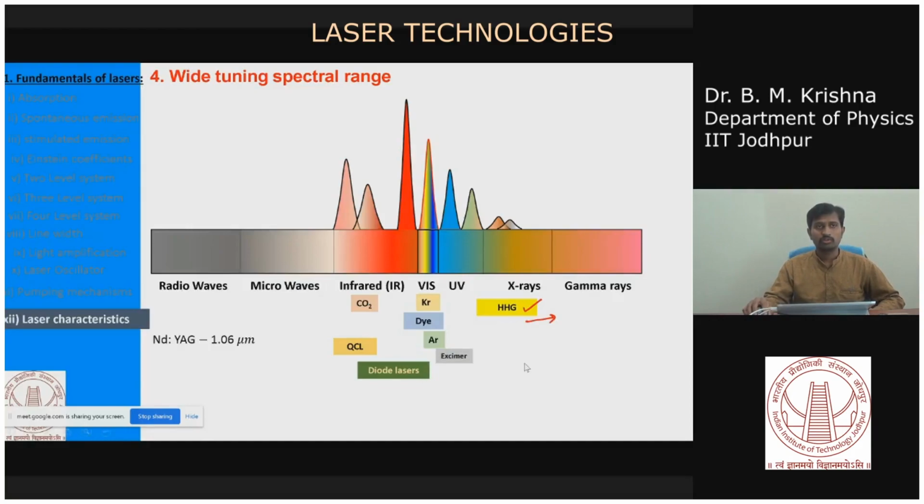And apart from that, we have other lasers with narrow bandwidths and narrow tuning ranges, like Nd:YAG.